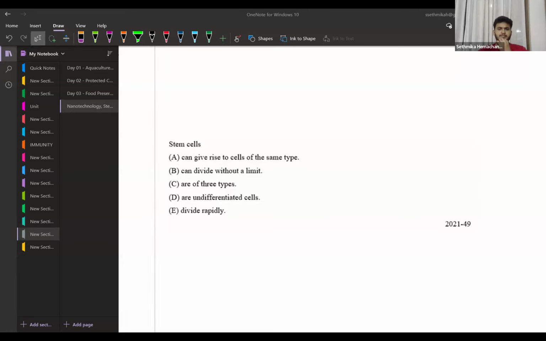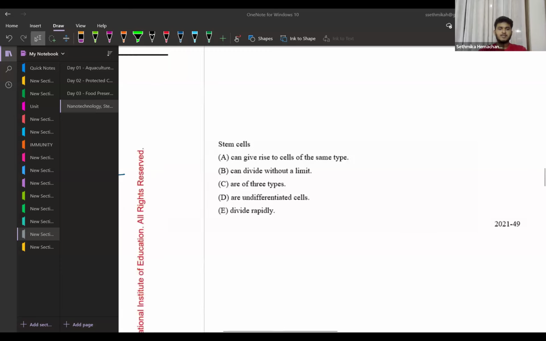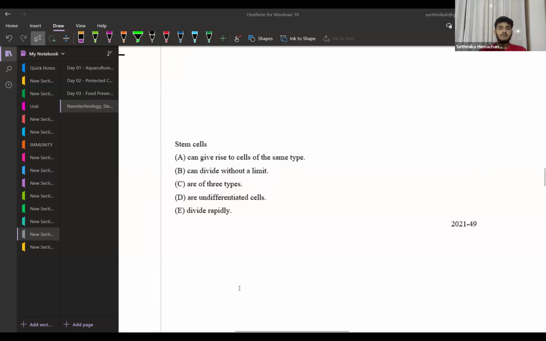Remember the answers? I got some. Some are correct, some are wrong. Stem cells can give rise to cells of the same type?